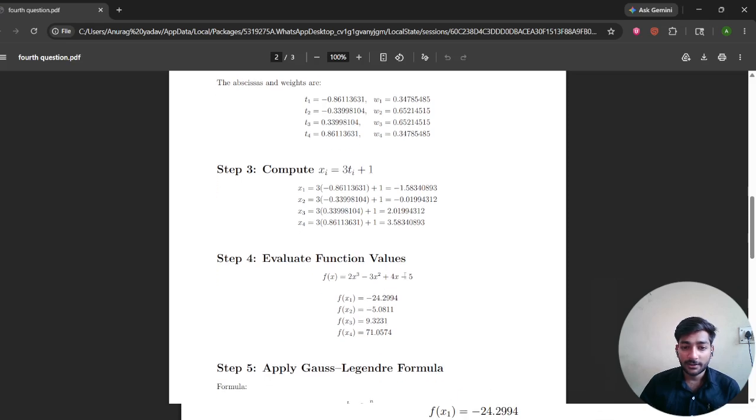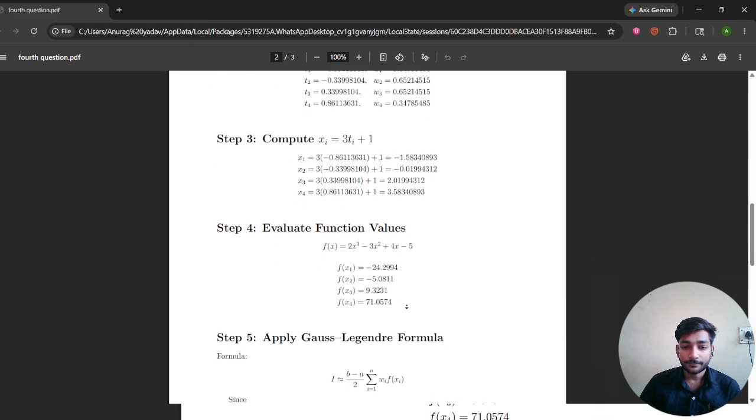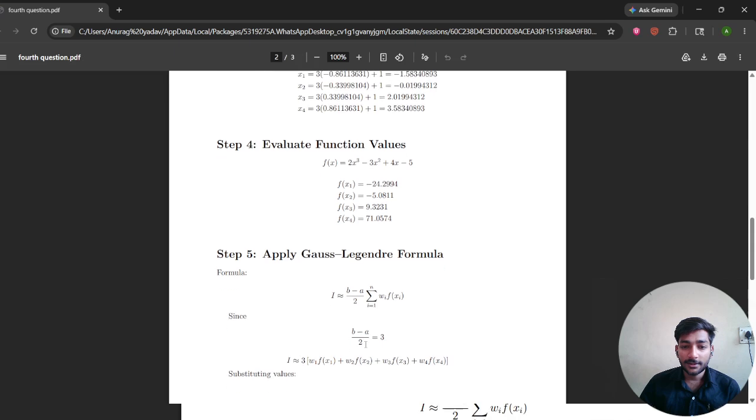Then we evaluate the function: putting x1 gives f(x1), x2 gives f(x2), x3 gives f(x3), and x4 gives f(x4).